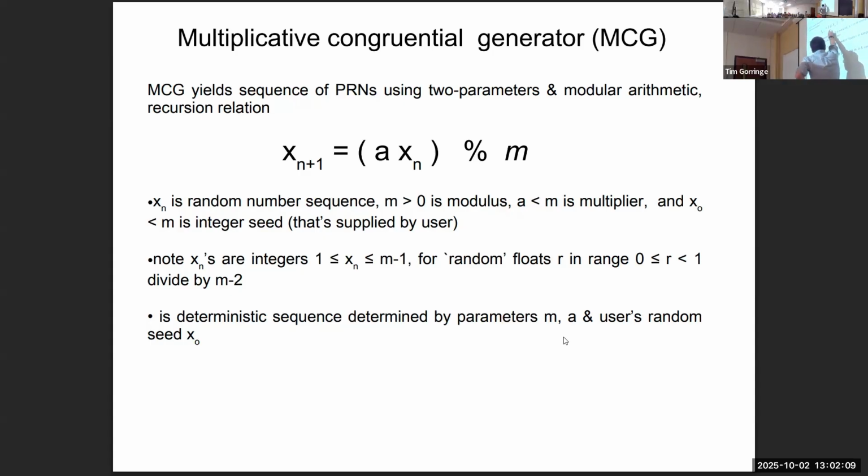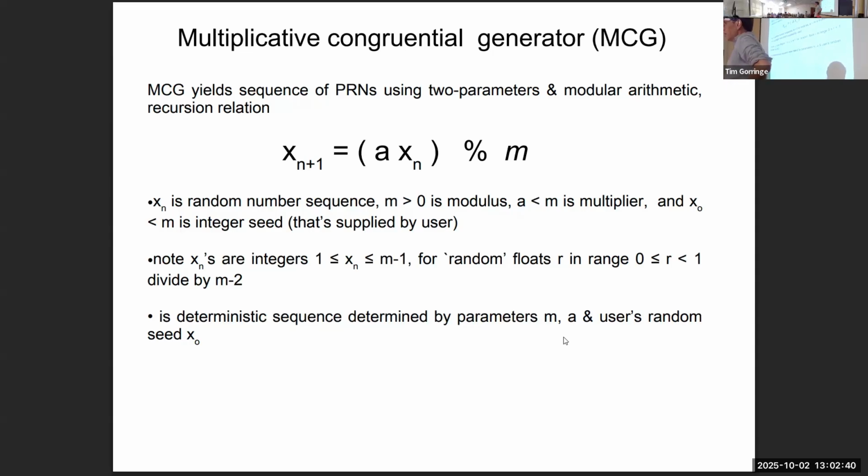And this map says that the next random number is equal to some constant integer a times the current random number, modulo n, in the modular arithmetic of modulo whatever n is.